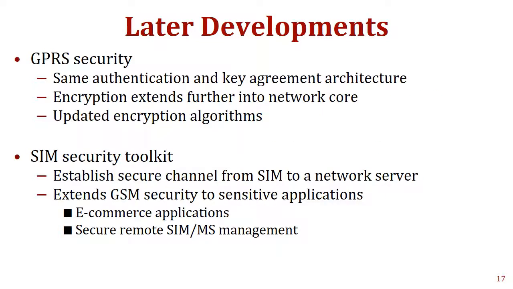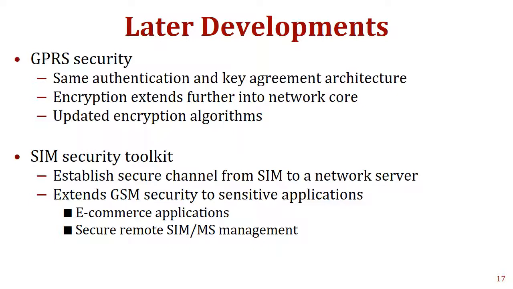After 2G security solutions were first proposed, people also realized it's not 100% secure, so there are still many new security problems. Then researchers also deployed more secure solutions. For example, people started to care about GPRS security because it's a very important protocol in 2G.